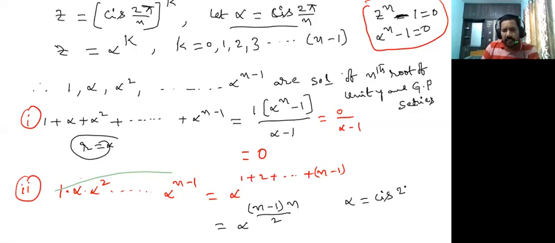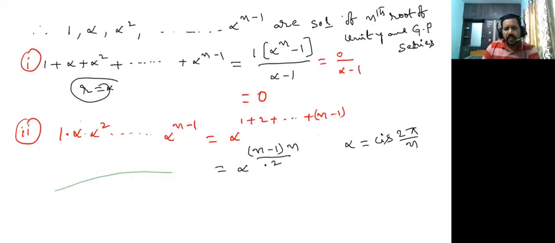Alpha value is cis 2 pi by n. Now substitute here: cis 2 pi by n, whole power n minus 1 into n by 2.